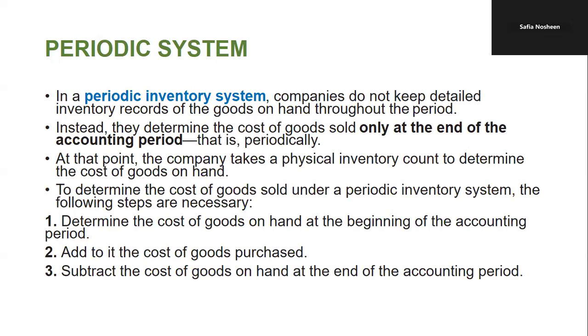Whereas in the periodic inventory system, the profit is determined at the end of the period. We don't need to determine the profit with every sales transaction. We just record the sales revenue, and the cost of goods sold is determined at the end of the accounting period, and then we determine the net profit.